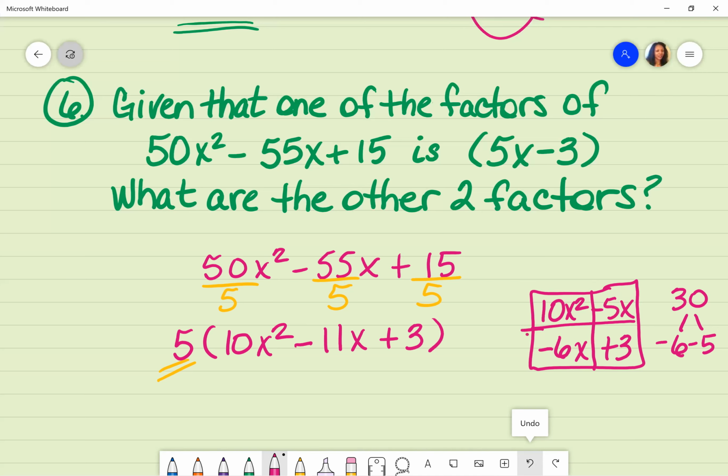Factor out the greatest common factor of the first row, the second row, the first column, and the second column. For the first one, it's going to be positive 2x. And for the second one, it's going to be a negative, oh, it looks like I did something wrong, a negative 3 here. And then when I go to the top one, it's going to be what it was supposed to be.